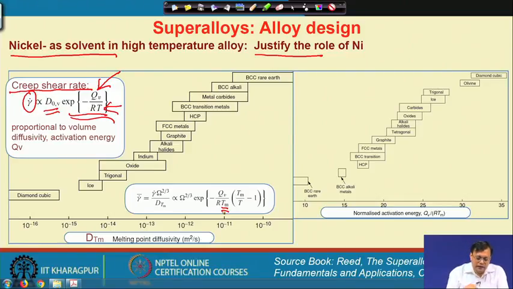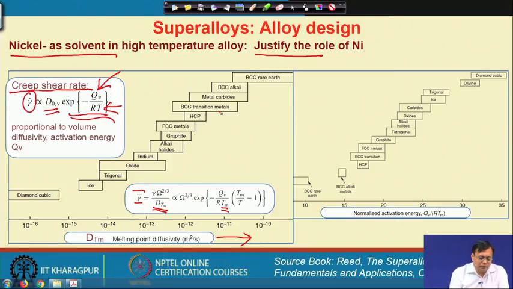So here we divide this parameter by the melting temperature, and D Tm stands for the melt point diffusivity of a material. Before going to this equation, I show you one plot with melt point diffusivity in meter square per second for different materials.